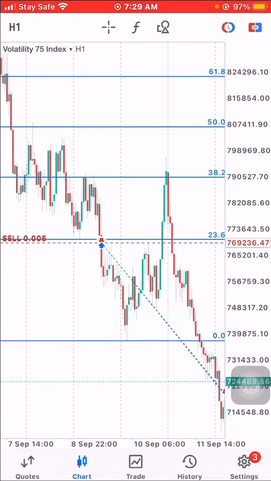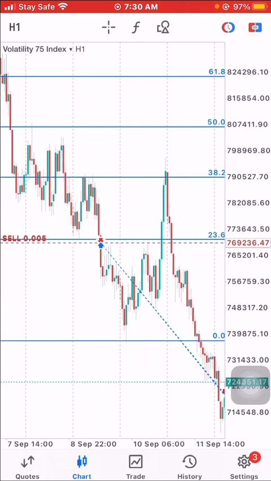So what is Fibonacci retracement? Based on my own research, Fibonacci retracement is a method of technical analysis for determining support and resistance levels. It is named after the sequence of numbers whose ratios provide price levels to which markets tend to retrace a portion of a move before a trend continuation in the original direction.